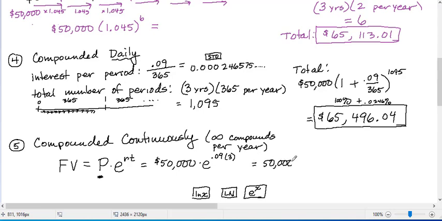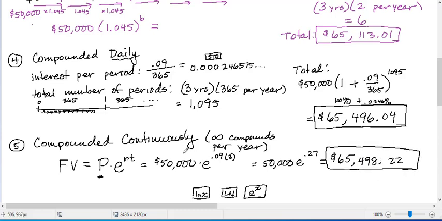In this case, 50,000 E to the 0.27 is what the exponent will simplify to become, which will give you $65,498.22. And that's if you compound every second, every fraction of a second, every moment. In the course of 3 years, you only get $2 more than if you only compounded daily. But this formula, called the PERT formula for obvious reasons, applies for compounding continuously, and that means you have lots and lots and lots of compound periods every year.